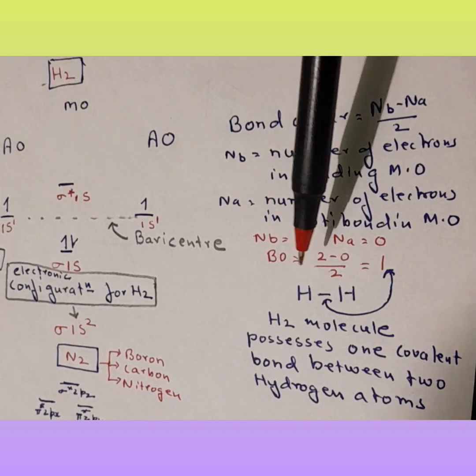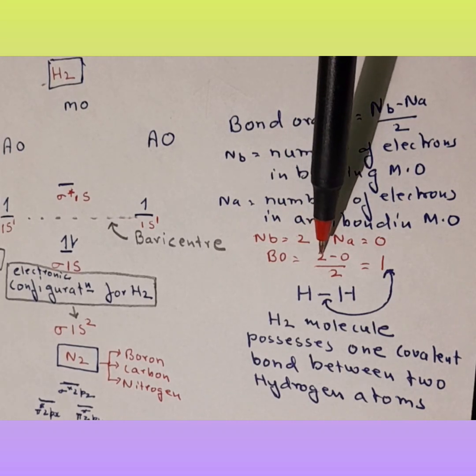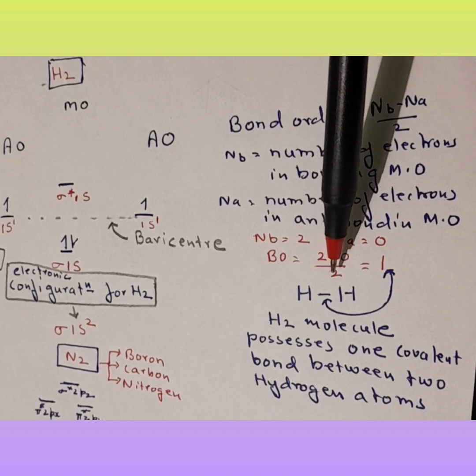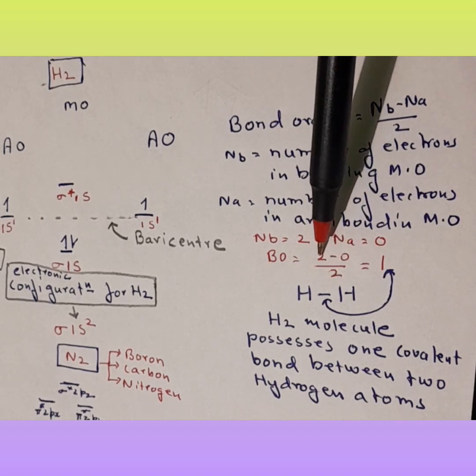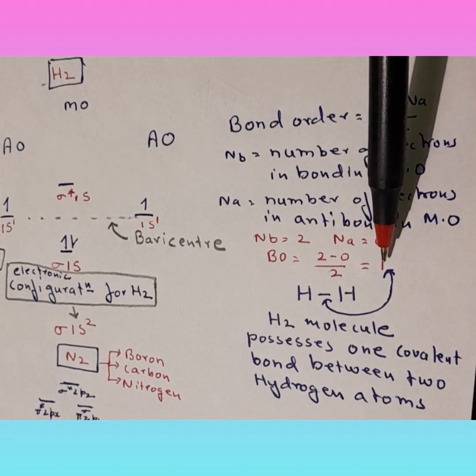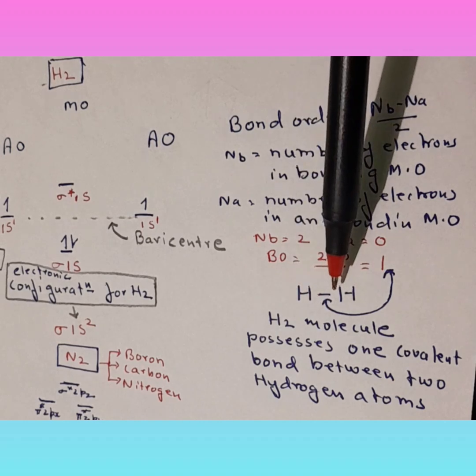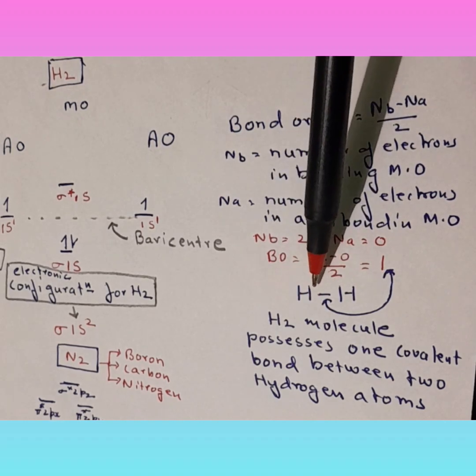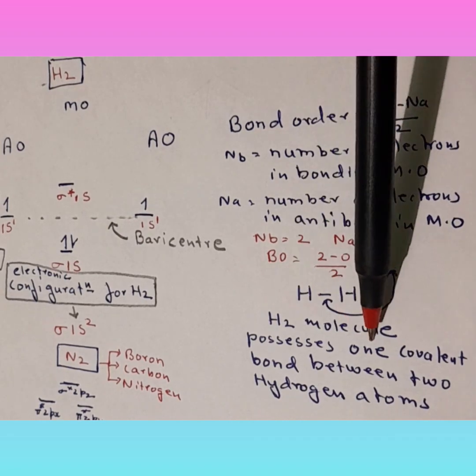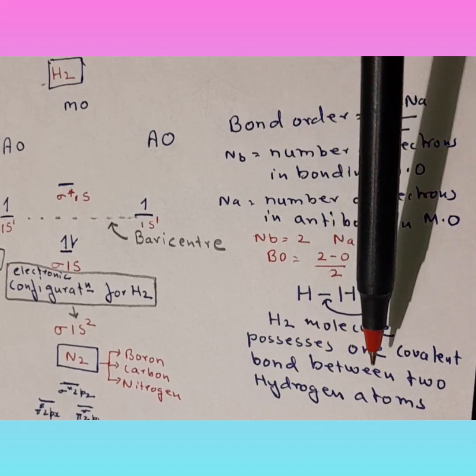So bonding electrons 2 minus antibonding electrons 0, divided by 2. So it is 2 divided by 2, that is 1. What does bond order signify? It signifies the number of bonds present between two atoms. So it is a single bond. So the hydrogen molecule possesses one covalent bond between two hydrogen atoms.